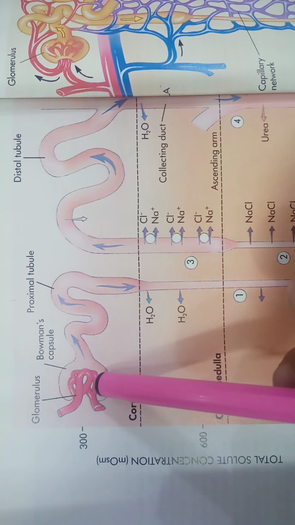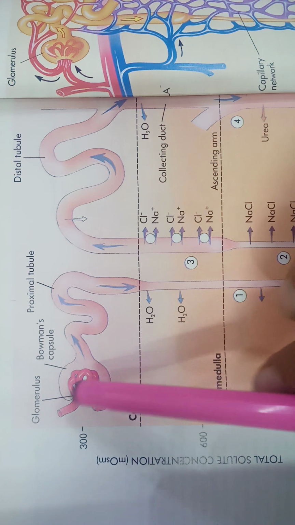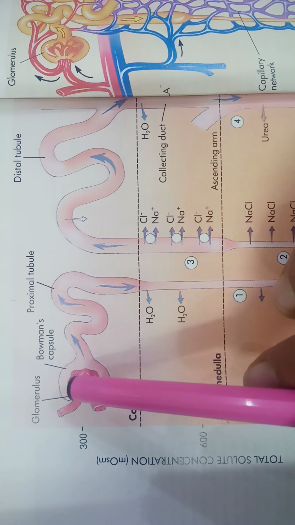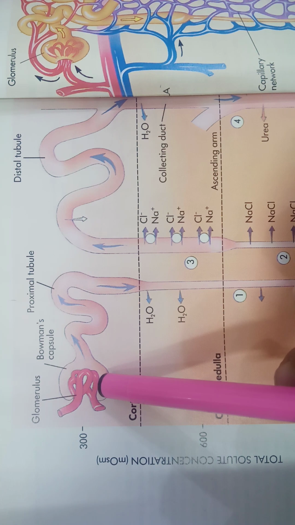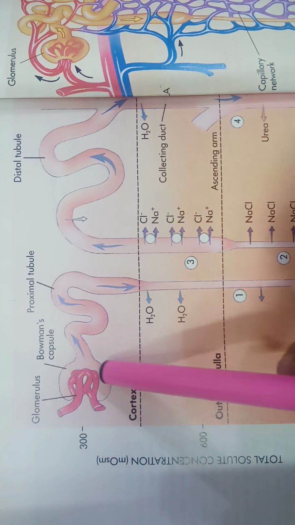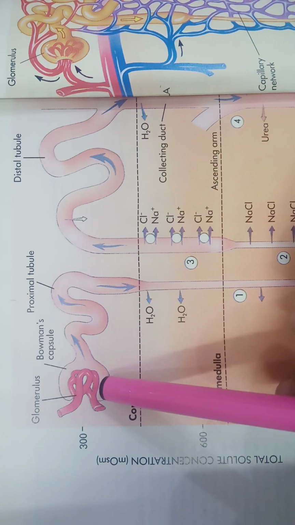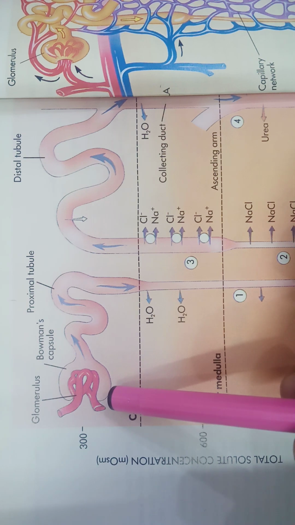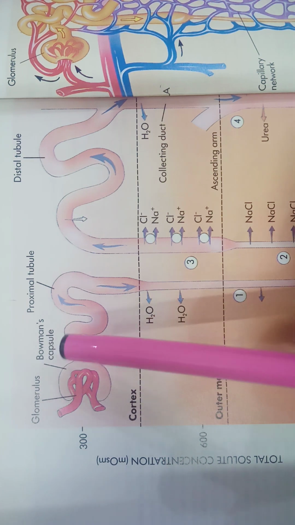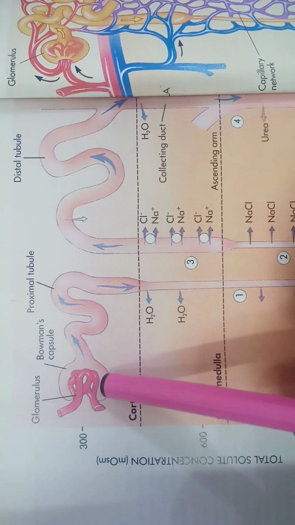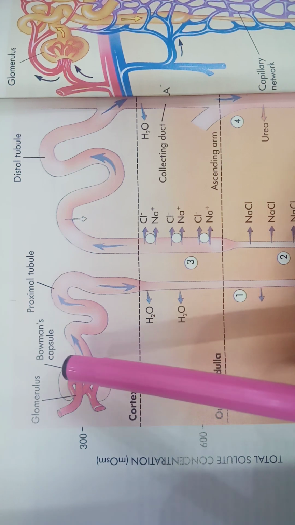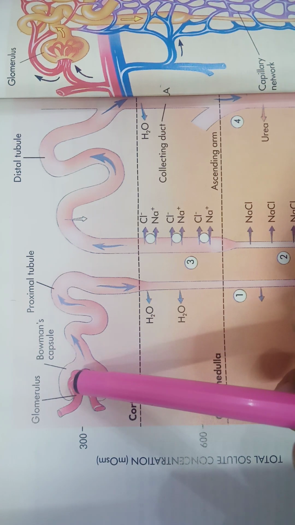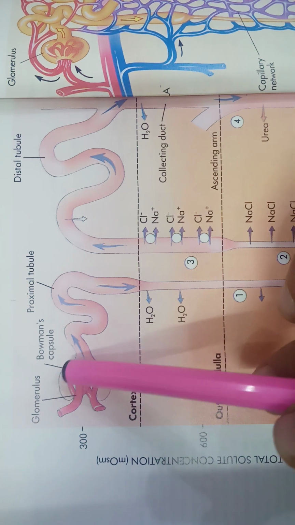It is mostly the blood plasma that is filtered; red blood cells and other large proteins are never filtered into the Bowman's capsule. The Bowman's capsule has special cells known as podocytes, which have filtration slits where the blood plasma is filtered and moves into the Bowman's capsule.